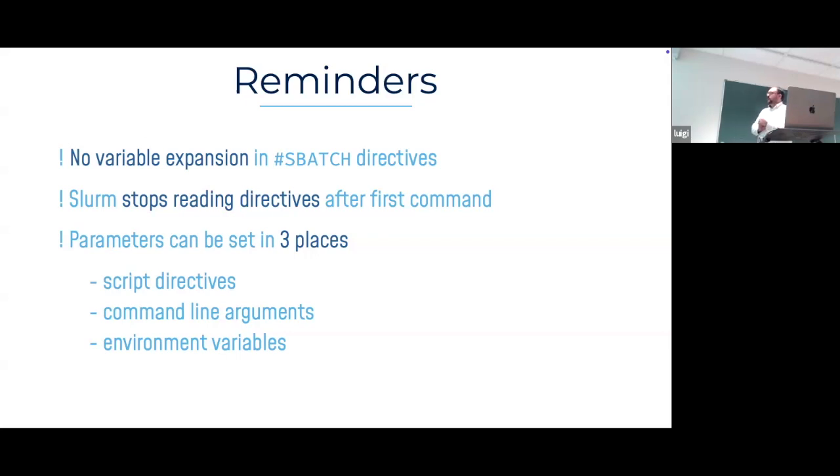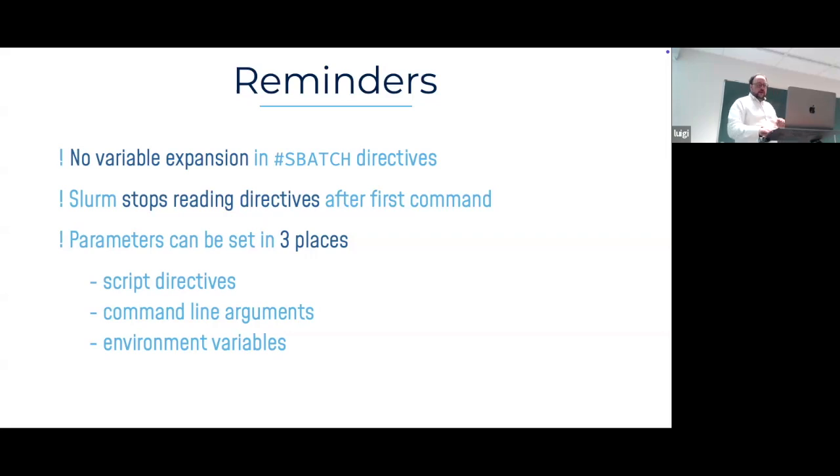So it's important to keep in mind that the parameters can be set in the script directives, directly in the script, but also on the command line and in environment variables. So it can happen that you have environment variables defined and you're not aware of it, and they contain some information that influences the way Slurm creates or organizes the job. So it's important to know that your environment is clean before you submit the job.